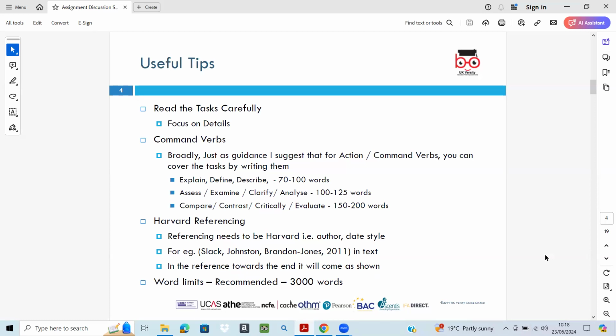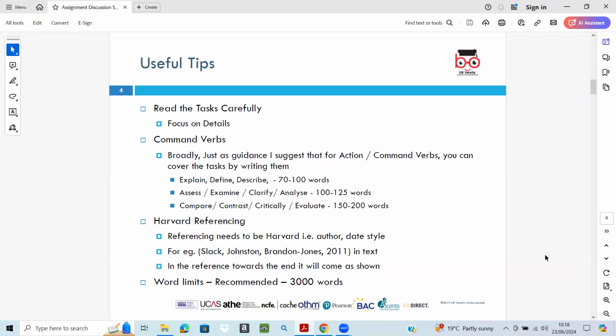So we need to make sure that we cover each of the keywords properly. If we miss any of the components or the content related to it, then we won't be able to get a pass grade.